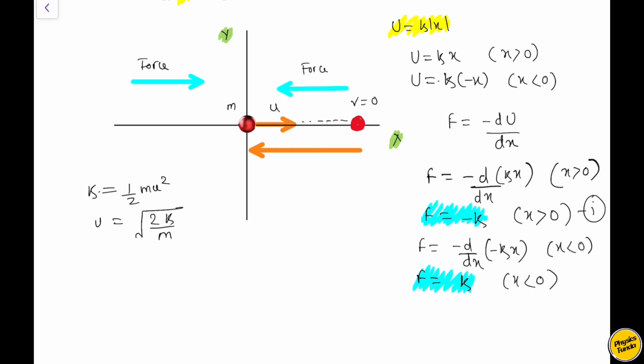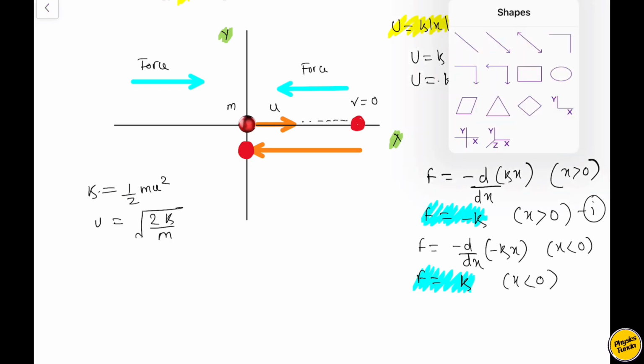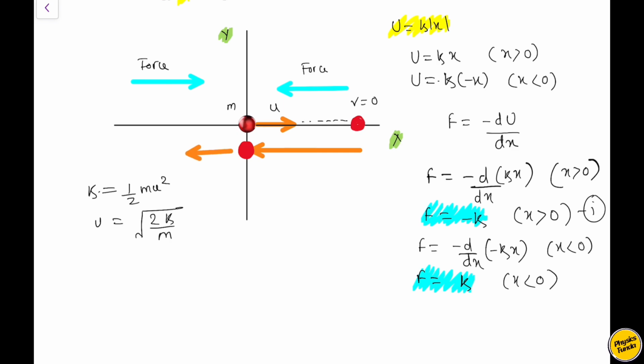When it moves back to the origin, the particle will gain some velocity here, right? And because of this velocity, the particle will move towards the negative x-axis like this, right?